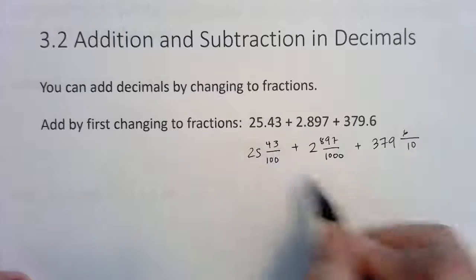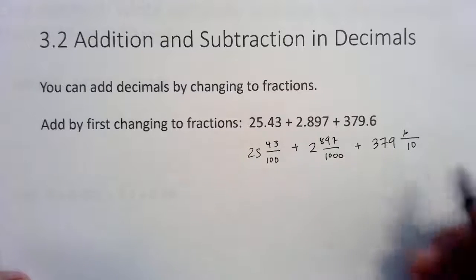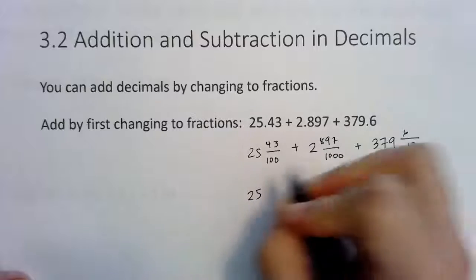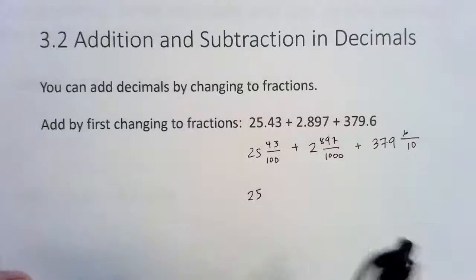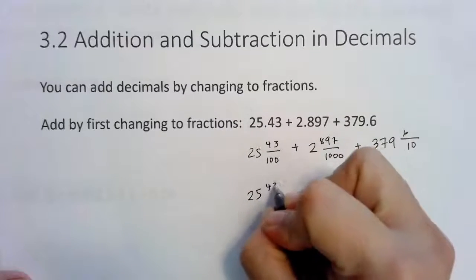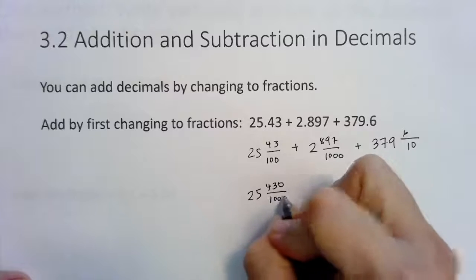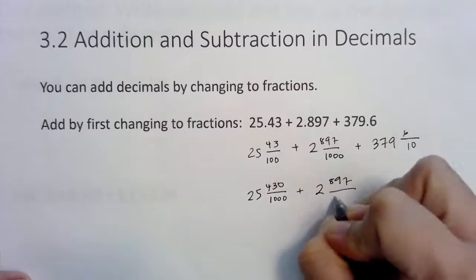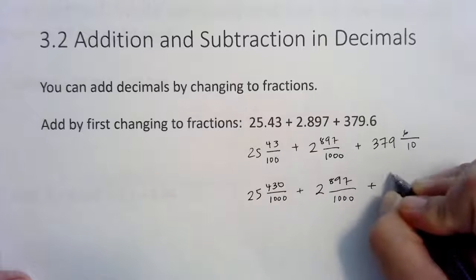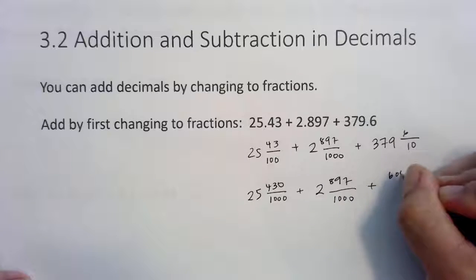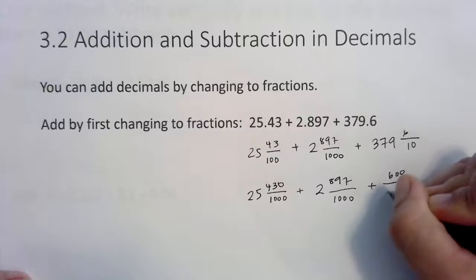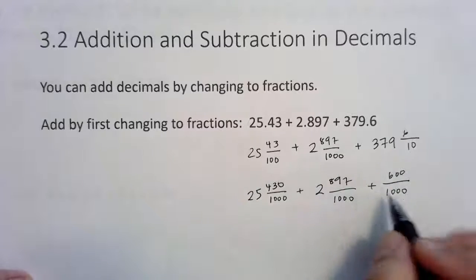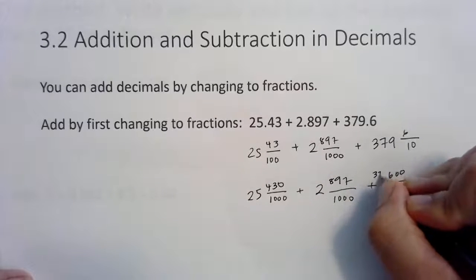But we can rewrite these to all be in thousands. We multiply the 25 and 43 over 100 by 10 on top and bottom, so this is equivalently 430 over 1,000 plus 2 and 897 over 1,000 plus 600 over 1,000. Oh sorry, this is 379 right here.